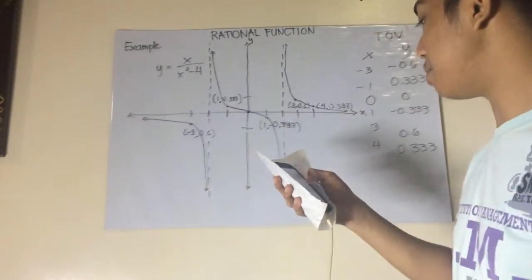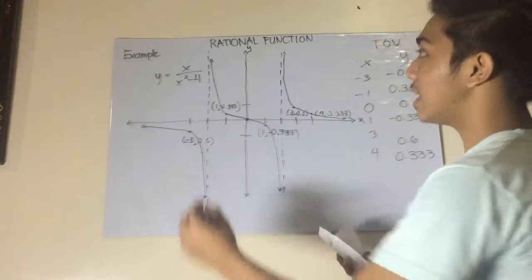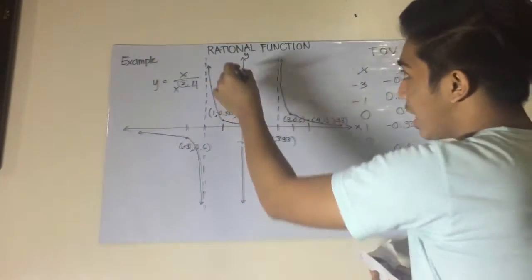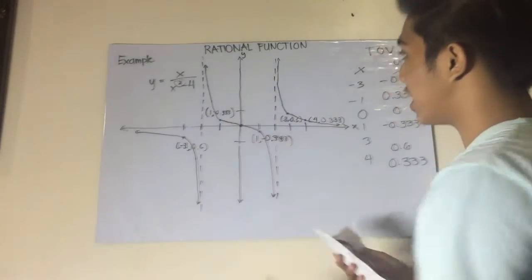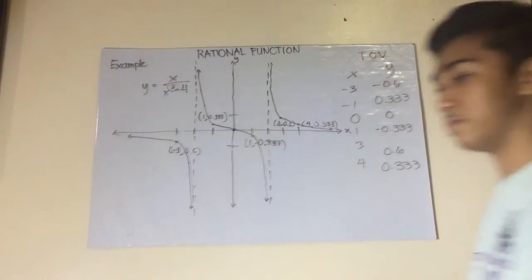Dito sa case na to, ang naganap is degree in denominator is greater than the degree in the numerator. Kasi, kita nyo naman, mas malaki yung degree ng denominator sa numerator. Kaya, magko-connect talaga siya as ganyan. So, another example na tayo sa rational function.